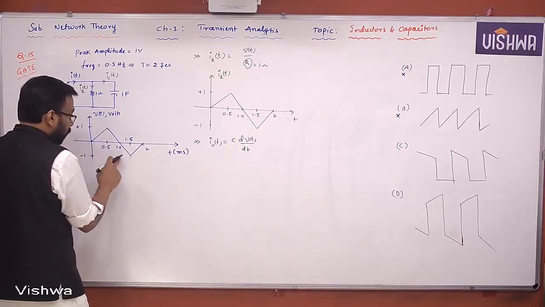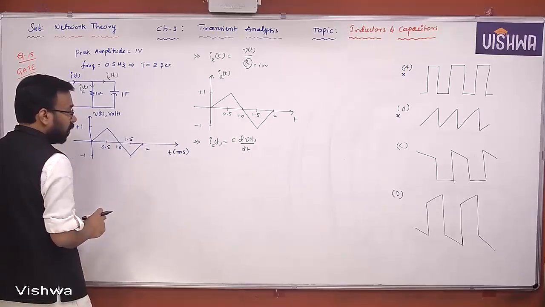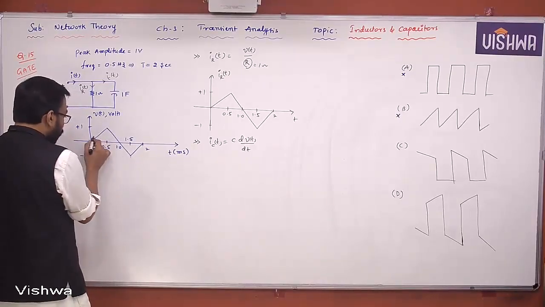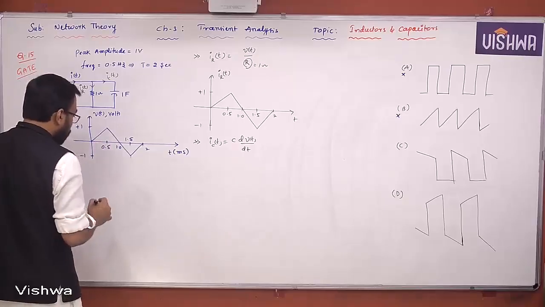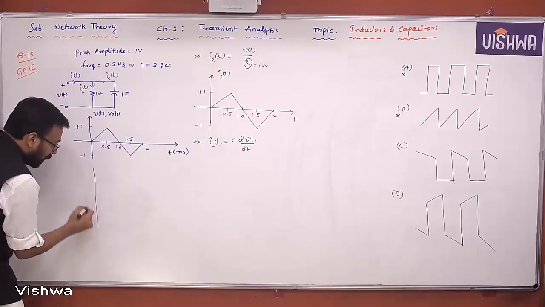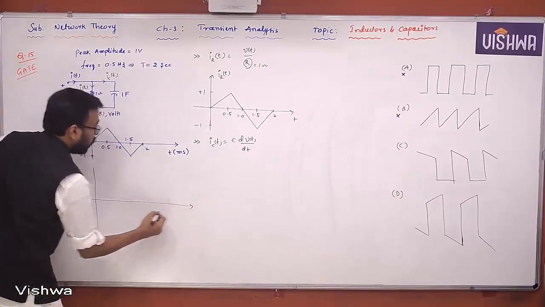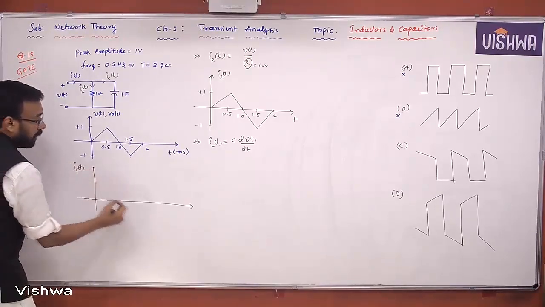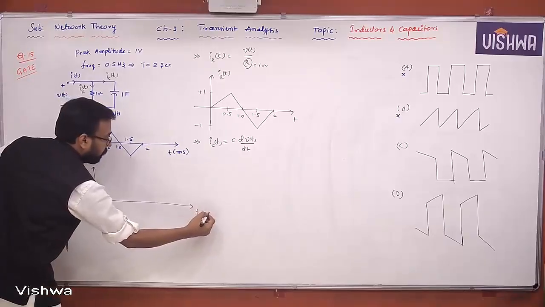Nothing but a rectangular waveform you are going to get. Understand, all of you? So what is the rectangular waveform you are going to get? You know the slope of this, because you see here, I can draw that waveform easily. This is IC of t. This is t in millisecond.